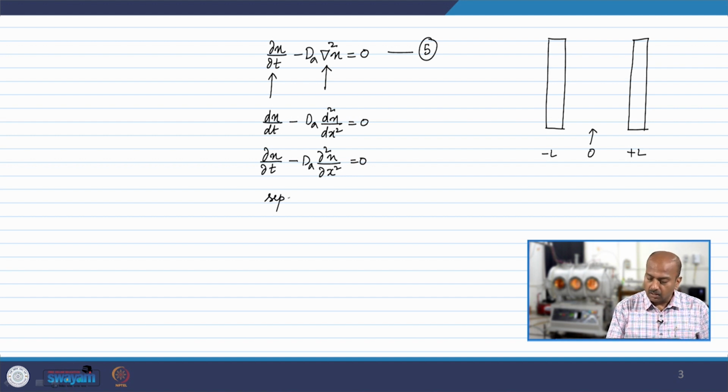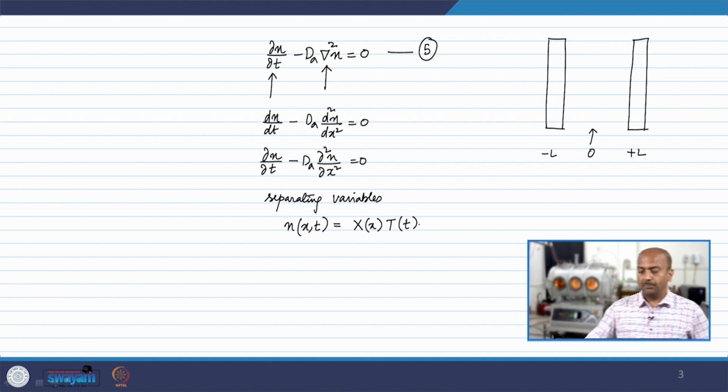So, by separating variables, in this method, what do we do? If n is the solution of this equation, which is dependent on x as well as t, we can write n as a function which is purely dependent on x and another function which is purely dependent on time, right.